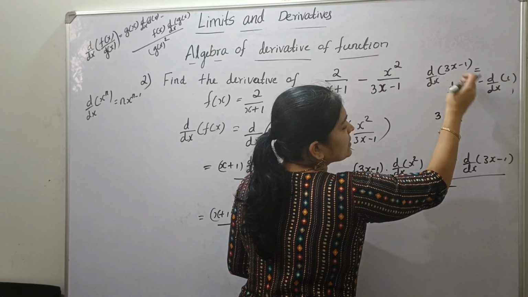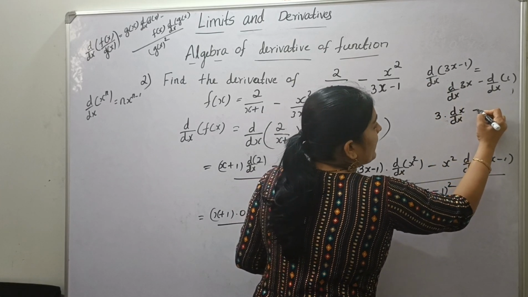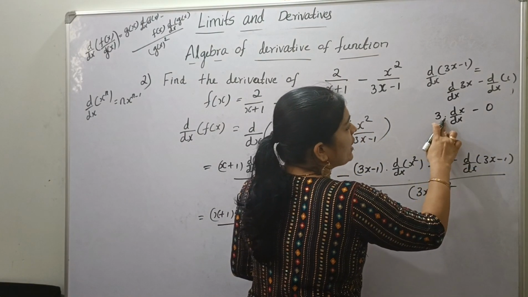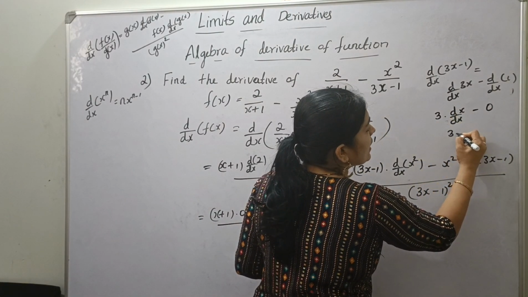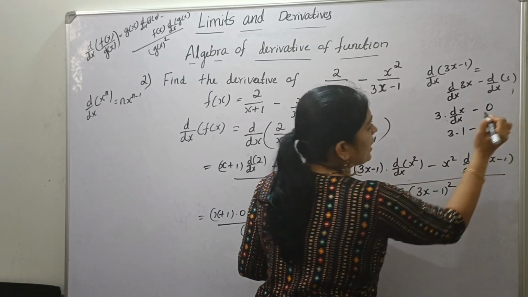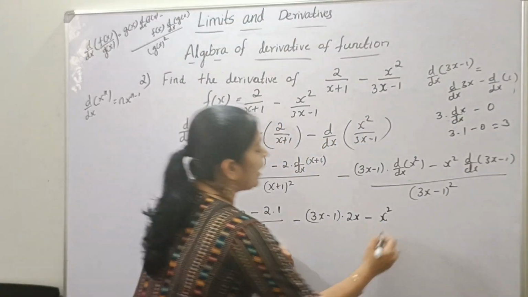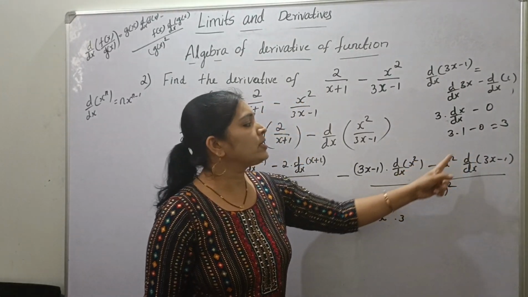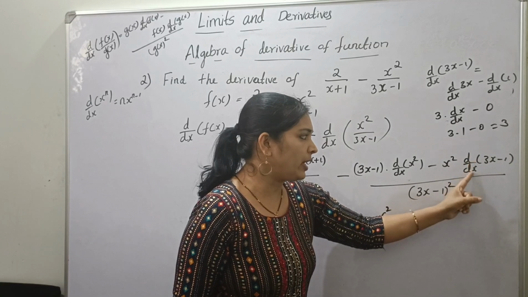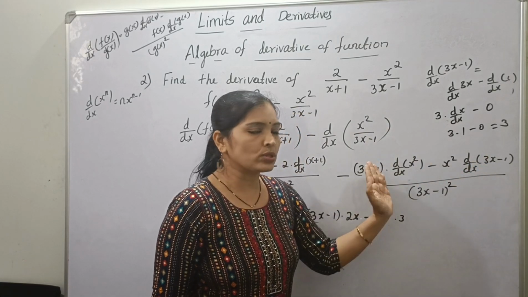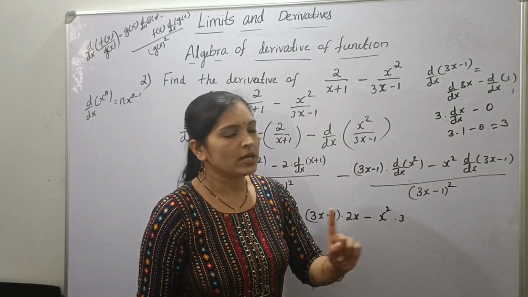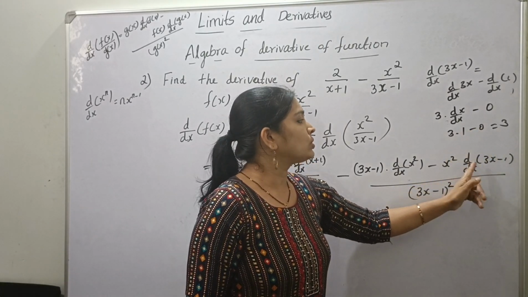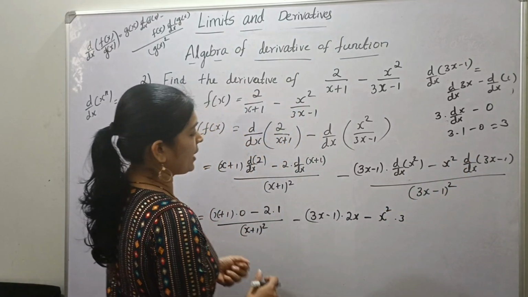So we can take this constant outside, minus d by dx of a constant function is 0. Okay, so 3 into dx by dx is 3 into 1 minus 0, that is 3. Okay, so here it is 3. Directly you can write, see, you can find d by dx of 3x minus 1: d by dx of 3x is, take 3 outside, so dx by dx is 1, and d by dx of 1 is 0, so 3 minus 0, that is 3.